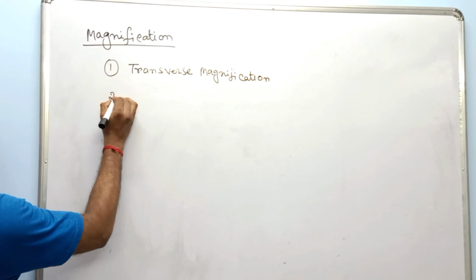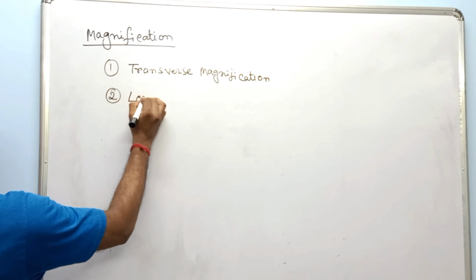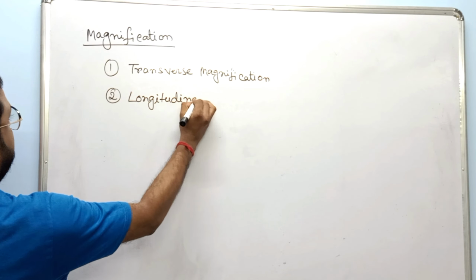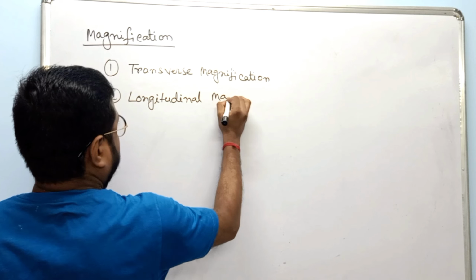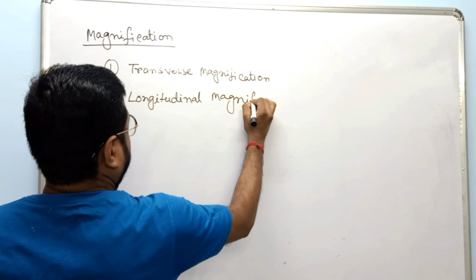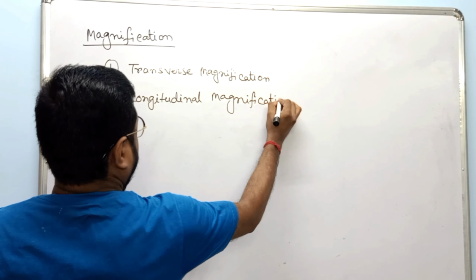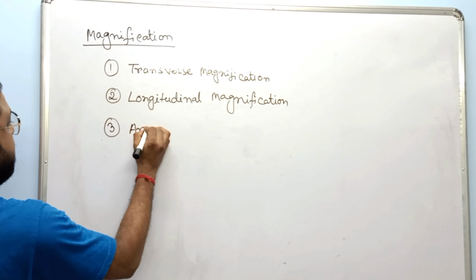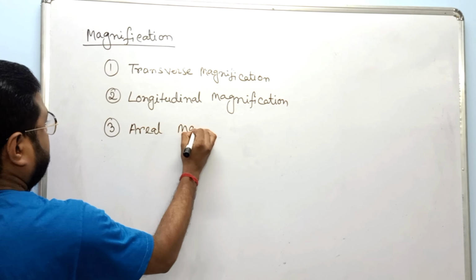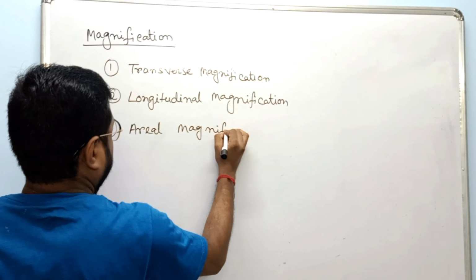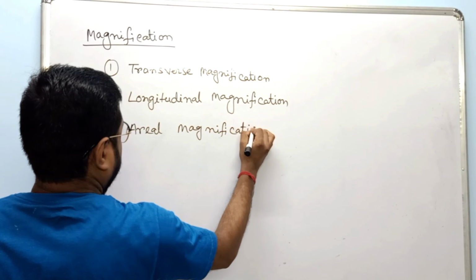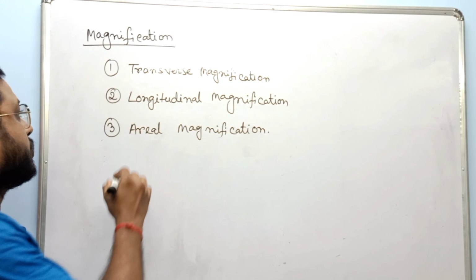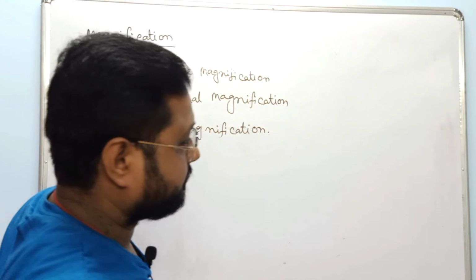Number two is longitudinal magnification. And number three is areal magnification. At first we go with transverse magnification.